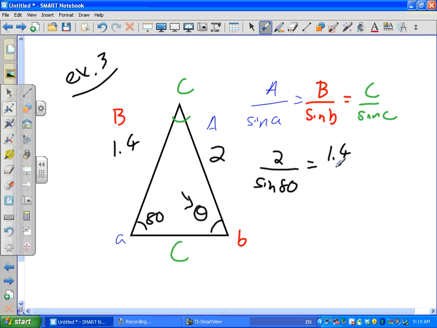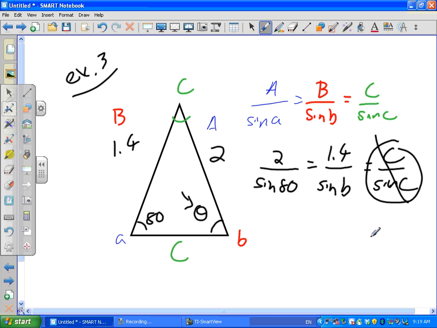Side B is 1.4. Angle B we're trying to solve, and I have nothing for my C ratio. So right away I know I do not need that part of the ratio. I can drop it from the equation. So it's going to say 2 over sine 80 equals 1.4 over sine B.